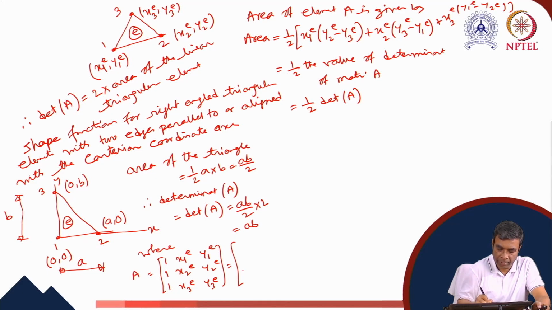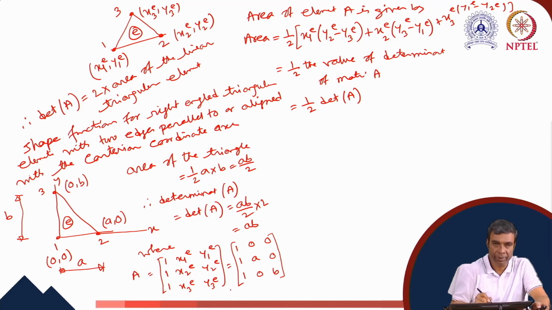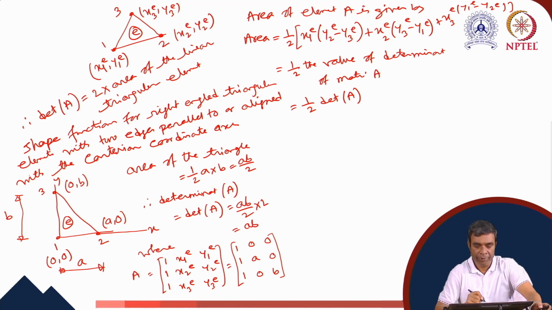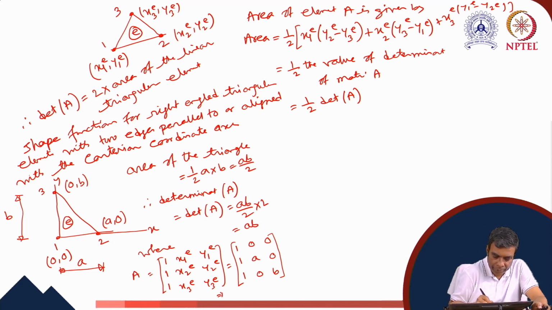So these are 1 0 0, 1 x2e and y2e, x2e is a, y2e is 0, 1 x3e, that is 0, and y3e, that is b. So we can see that its determinant value is ab. This is twice the area of the triangular element. This gives us determinant of A equals ab.